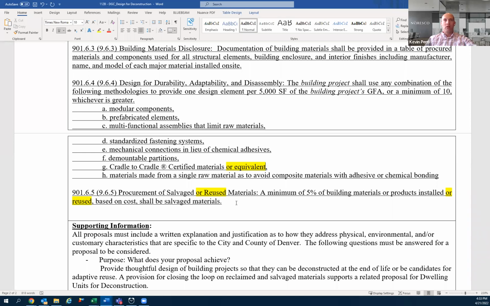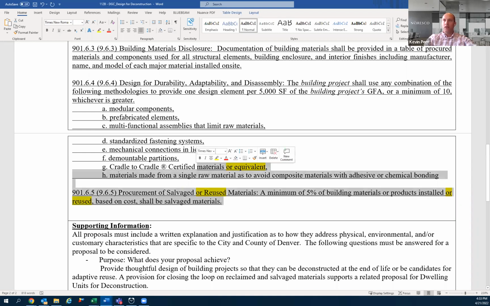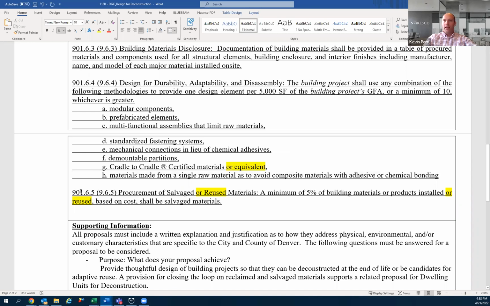Seeing none, I will call a vote then, and we're only voting on these items highlighted in yellow. So in category G, we're adding "or equivalent," and in 901.6.5, we're adding the term "or reused" in 2 sections. So that's what we're voting on. All those in favor, please raise your hand. Go ahead and lower your hands.